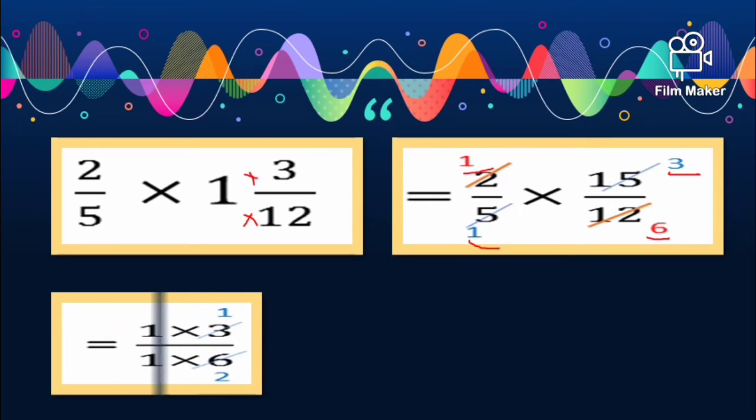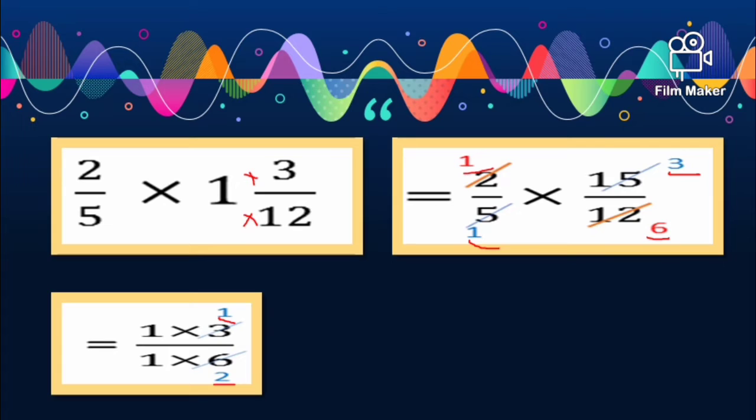And when we have the simplest fraction, we will multiply numerator to numerator and denominator to denominator: 1 multiplied by 3 and 1 multiplied by 6. But we can divide 3 and 6 again by 3. 3 ones are 3 and 3 twos are 6.